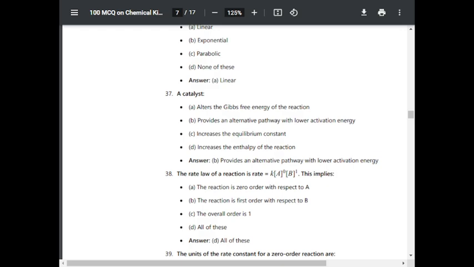Question number 38. The rate law of a reaction is rate equals k[A]^0[B]^1. This implies: option A, the reaction is zero order with respect to A; B, the reaction is first order with respect to B; C, the overall order is 1; option D, all of these.